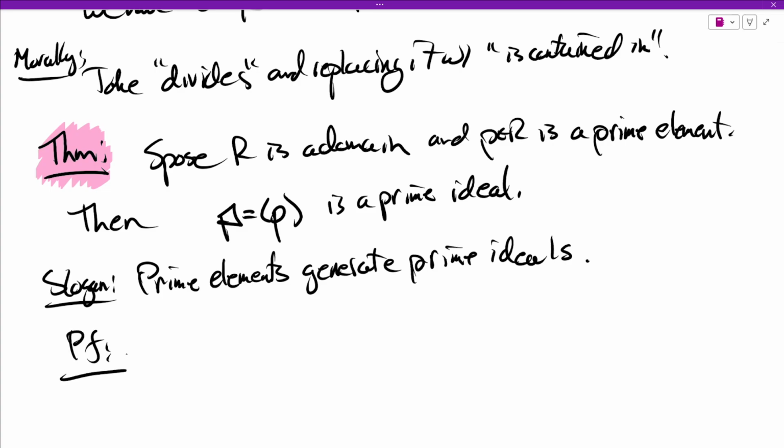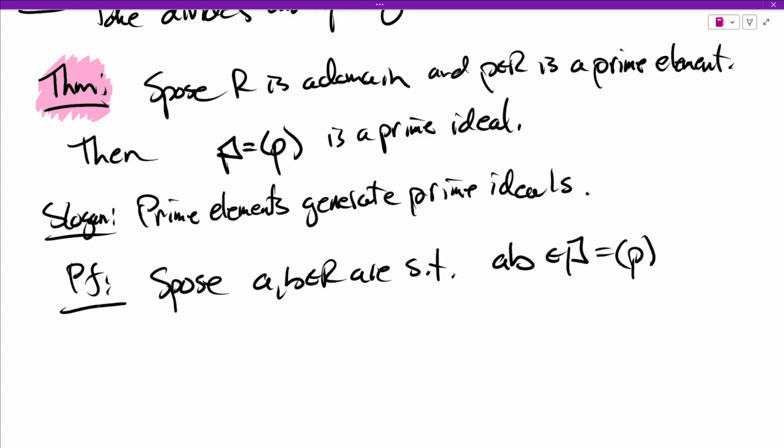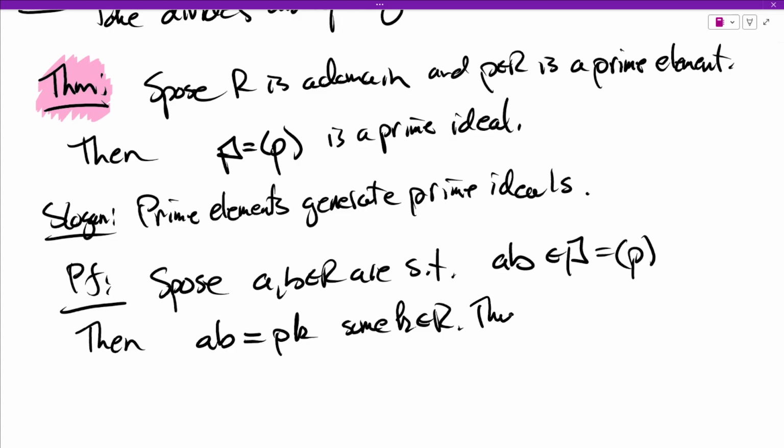Proof. Suppose we have a, b in R such that a times b is in the ideal generated by p, which I'm calling Fraktur p. Well, then ab is pk for some k in R. Thus, p divides ab, and that's what it means to divide.